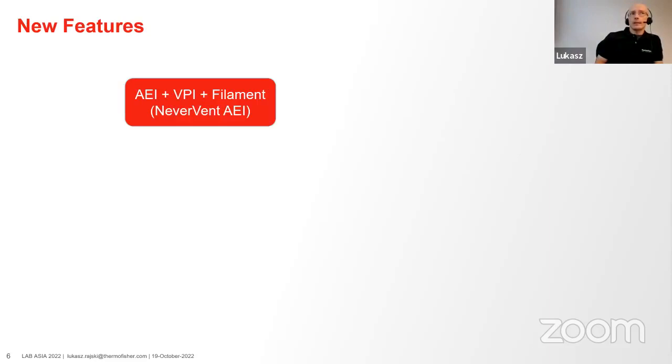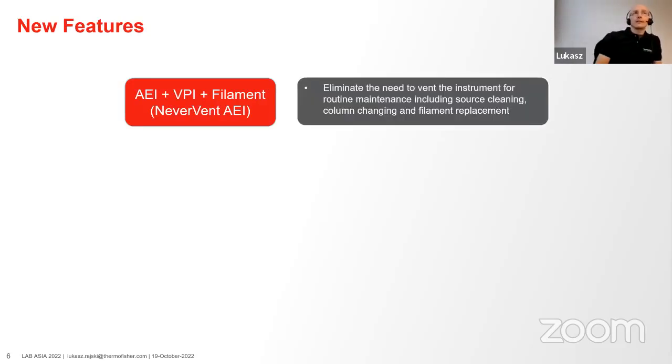Right now we have never vent technology with advanced EI. Never vent technology allows you to replace the ion source, replace the filament, change the column without venting the instrument. And as I mentioned, now we have never vent with advanced EI. Advanced EI is our high end, our very sensitive ion source.